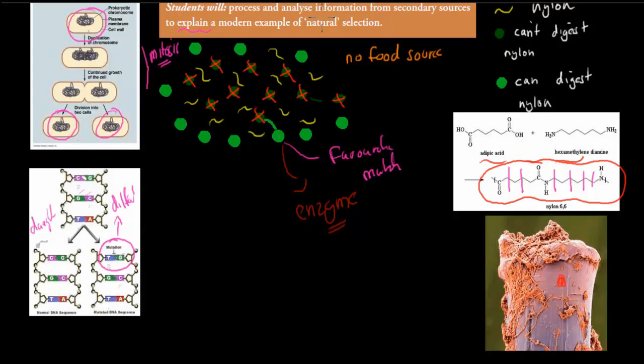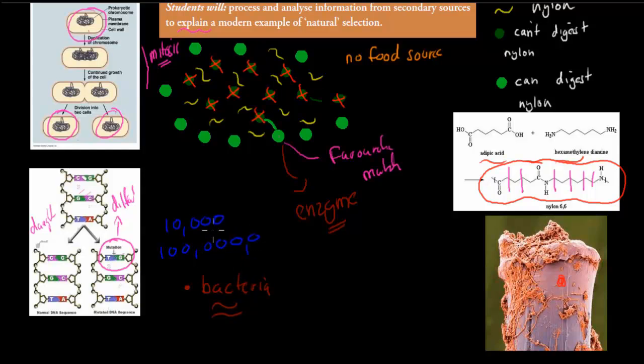Now it says modern example, and I can guarantee you that most modern examples would be bacteria or other single-celled organism based. Why? Because even punctuated equilibrium or Darwin's theory of evolution still require tens of thousands of years in the case of punctuated equilibrium, or millions of years in the case of Darwin's theory, to occur.